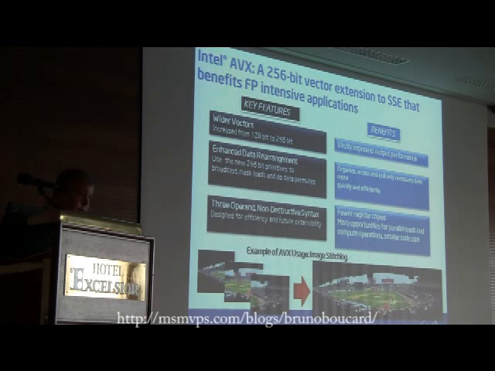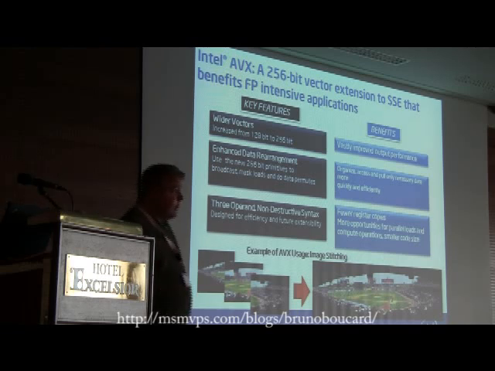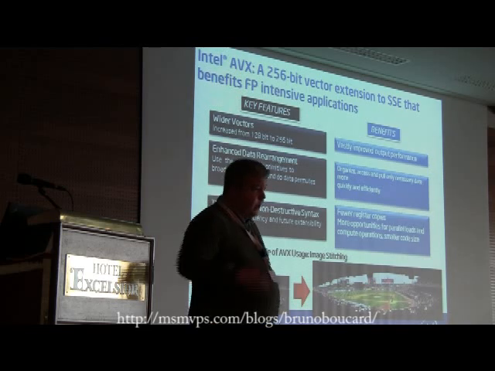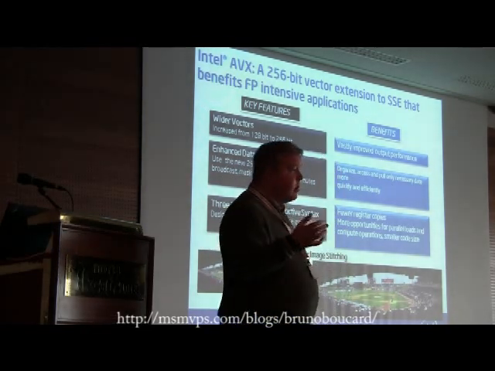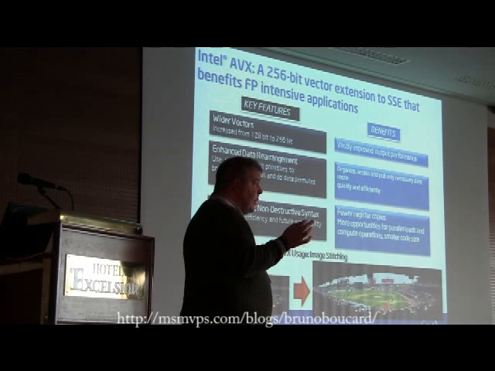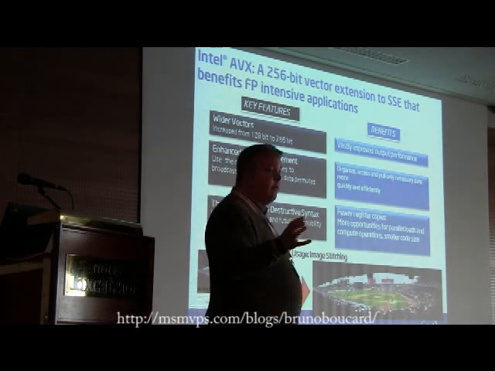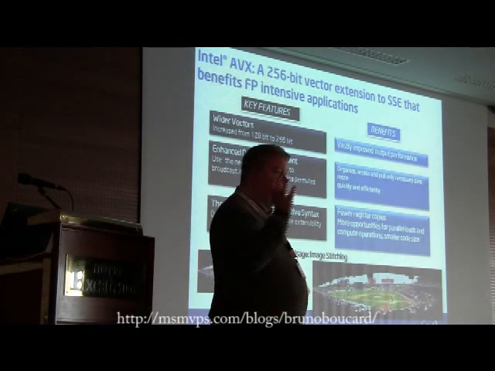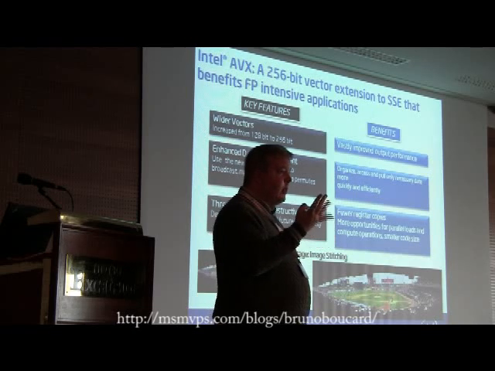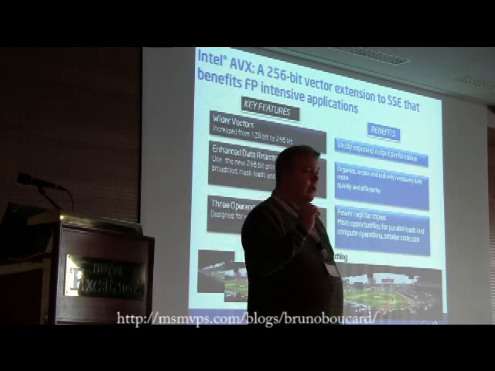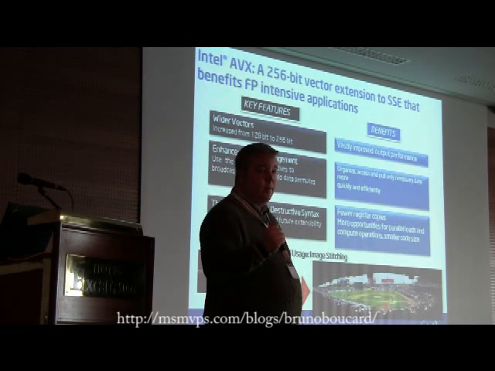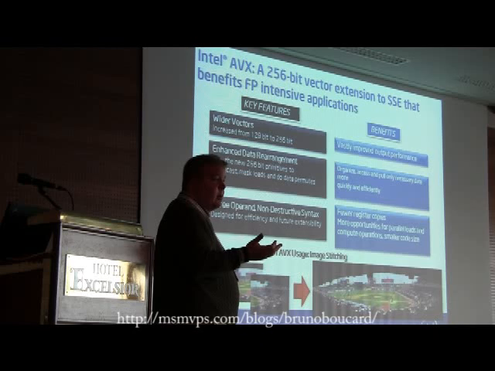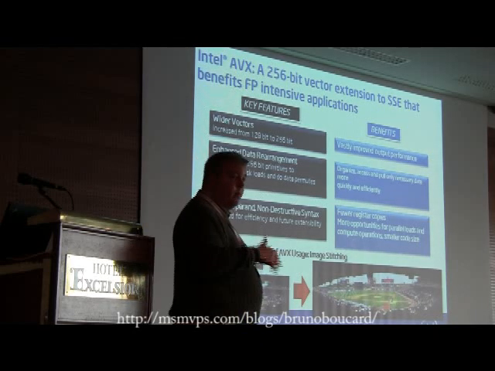Okay, AVX, Advanced Vector Extensions. AVX is a set of extensions, kind of a follow-on to SSE4. The main characteristic of AVX is that it's double the size of SSE4. In SSE4, you could process 4 things in parallel, basically. In AVX, you can process 8 things in parallel. Okay? So theoretically, you can process twice the amount of items as you could before.